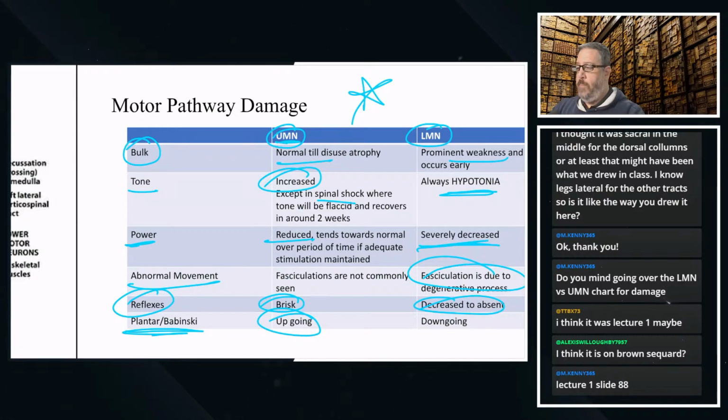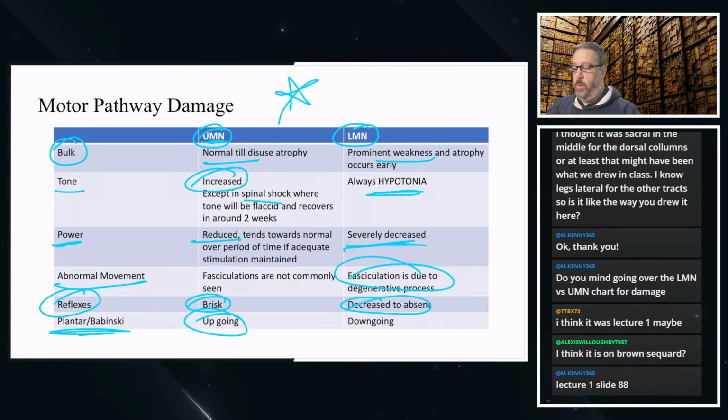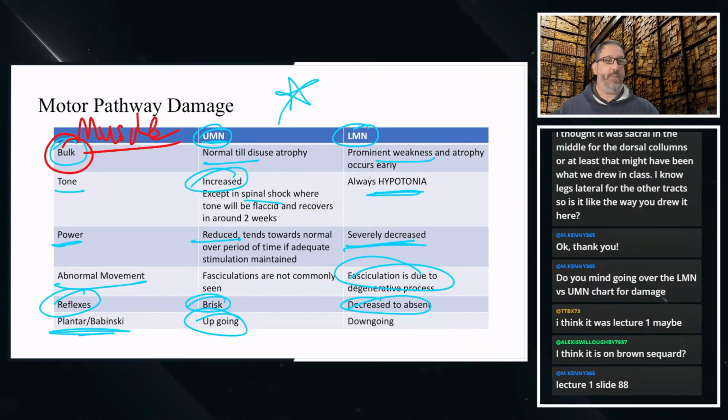Here we are. Okay. So this is talking about the muscle. So what is going to happen to our bulk of our muscle? If we have an upper motor neuron damage, the bulk, when you do your squeezing of all the muscles as you go through everything, is going to be normal until over time, because the upper motor neuron is not telling that lower motor neuron what to do, you get disuse atrophy.